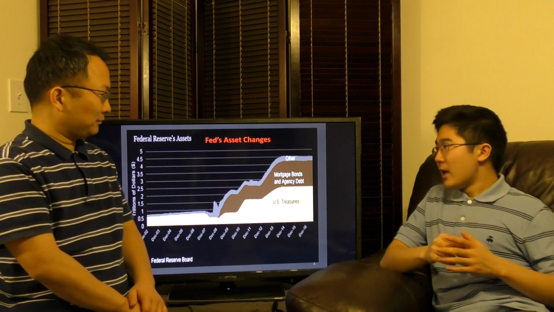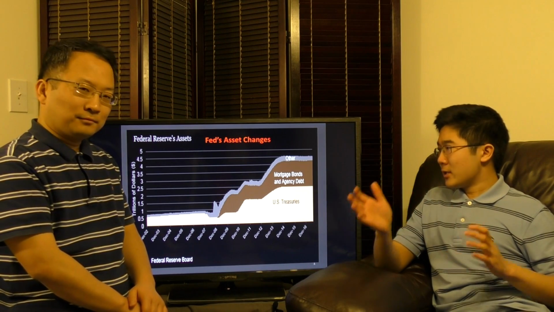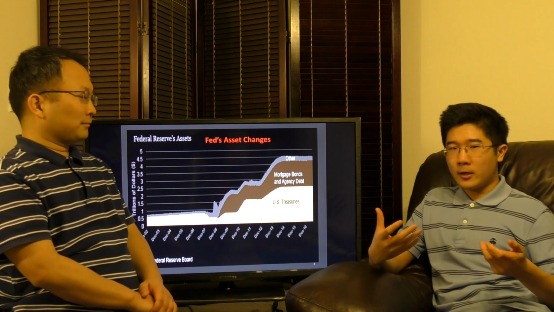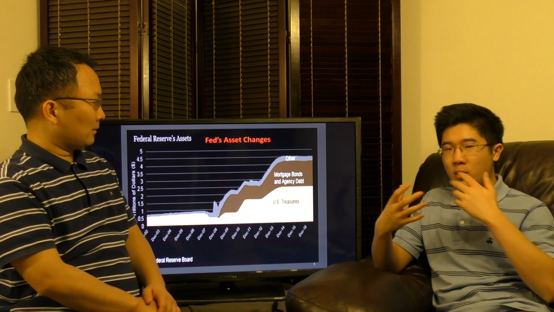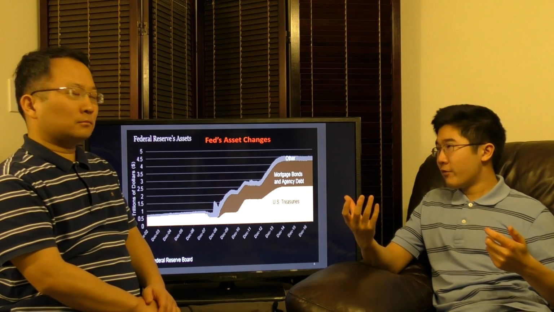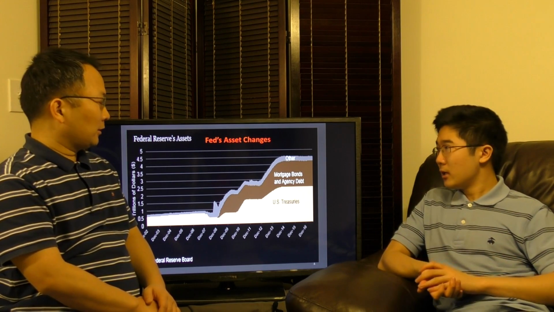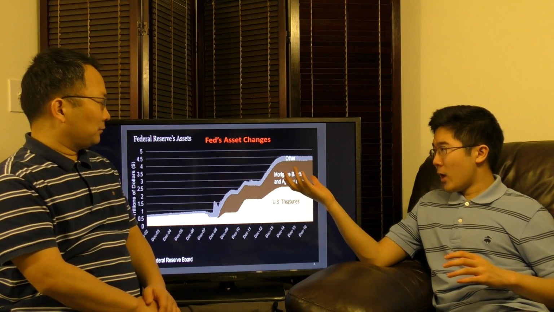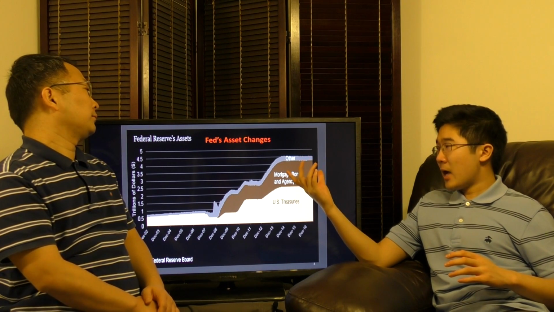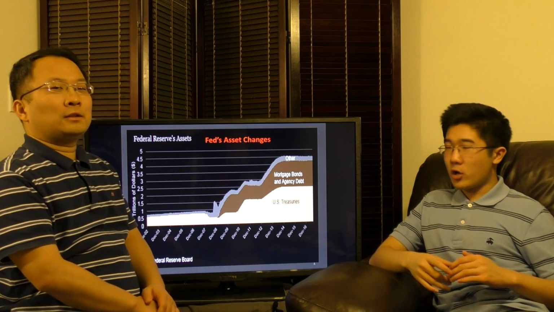So it stabilized the mortgage-backed securities market by basically taking it over, buying many of these failing MBS. And so we see its share of MBS in its assets climbed dramatically since 2008.